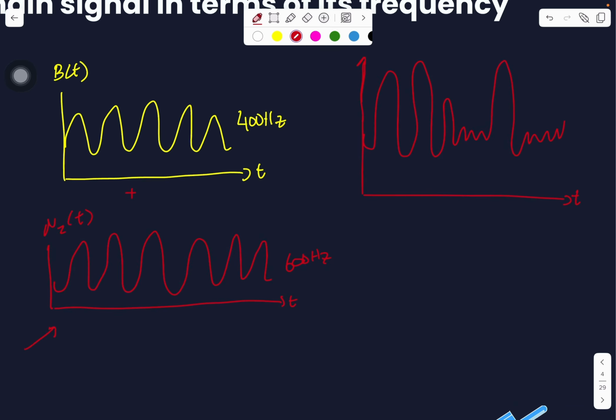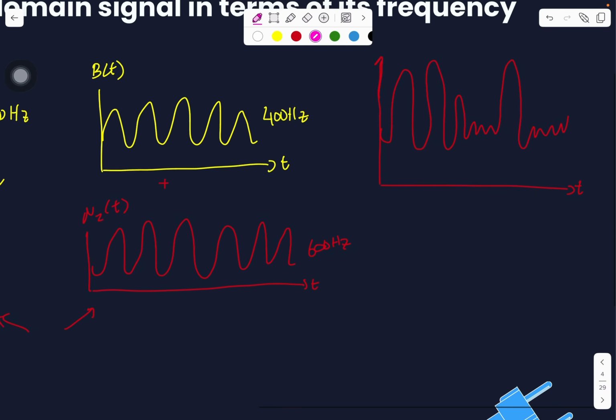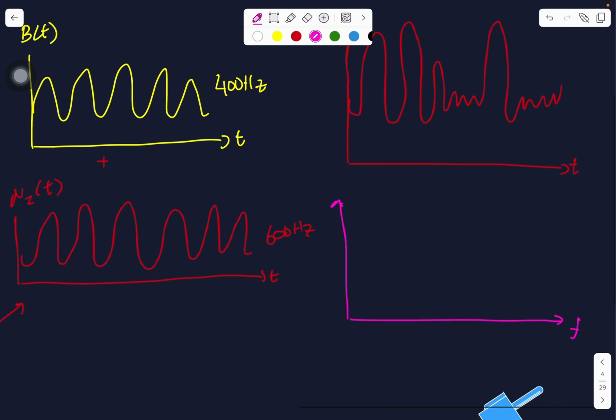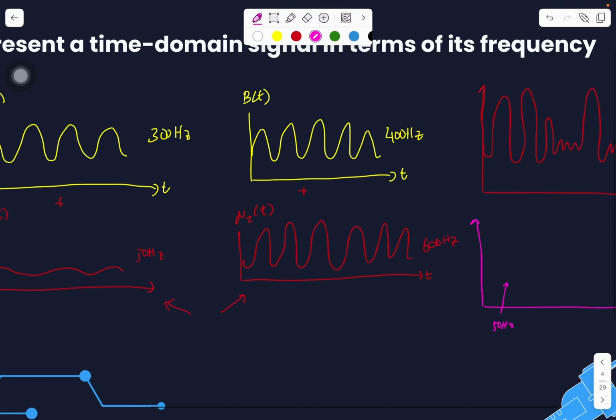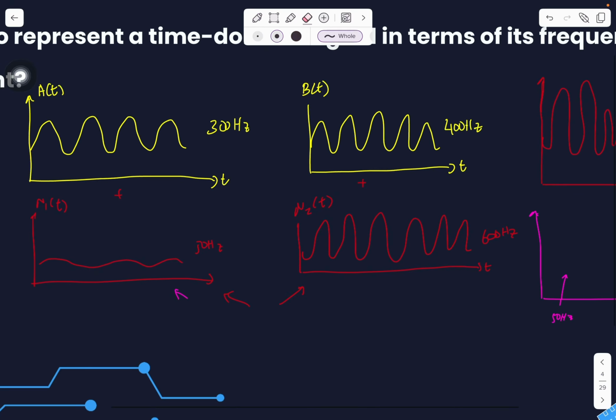So if we apply the Fourier series to this signal, we get something that looks like this in frequency, and this is a single-sided spectrum, let's say. And it tells us that, for example, at 50 Hertz, there's a small peak. And this small peak represents this entire waveform in frequency domain.